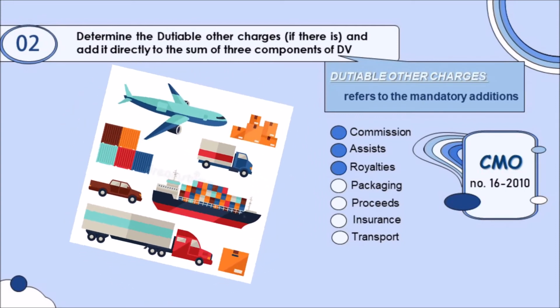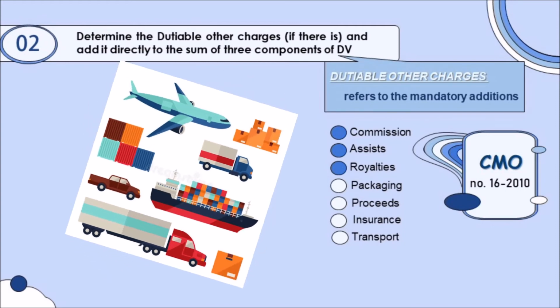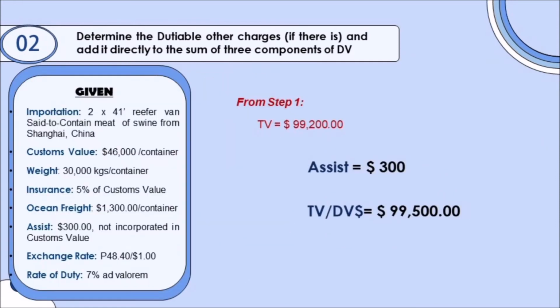Just go directly to step 3. And if there is, just like the provided situation, we will add the assist to the sum of our 3 components of dutiable value. So if we will add $300 assist to our sum earlier, we would get $99,500. And that is our transaction value or the dutiable value in dollars.